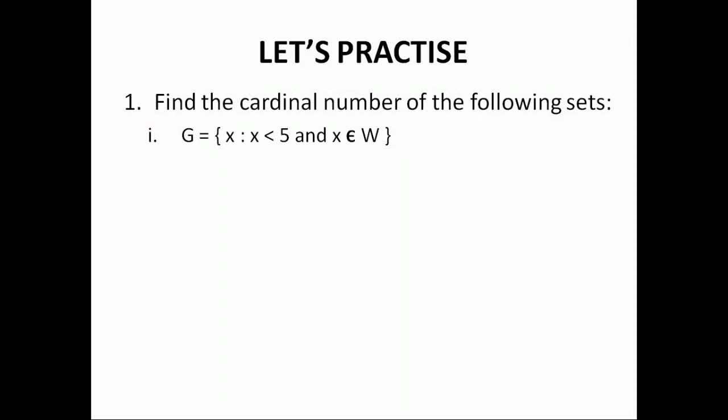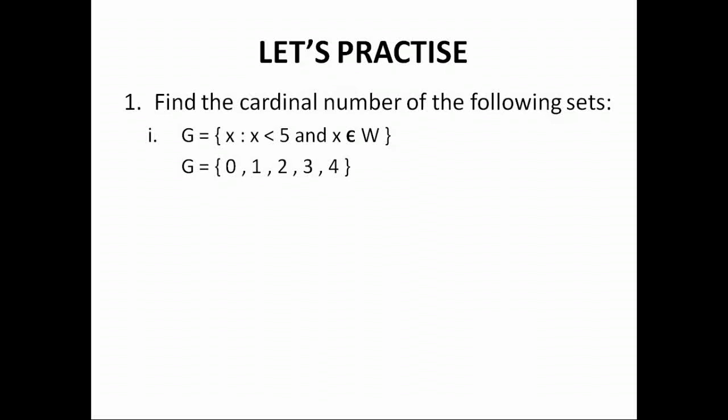If we want to know the cardinal number, then we need to represent the set in the roster form. So let's represent. x such that x is less than 5 and x belongs to whole numbers, and whole numbers start from 0. So we can say the elements are 0, 1, 2, 3 and 4 because x is less than 5. So now we can clearly see the elements.